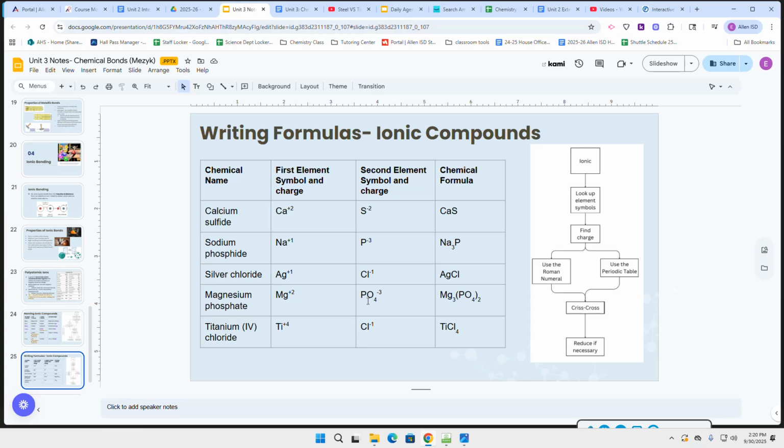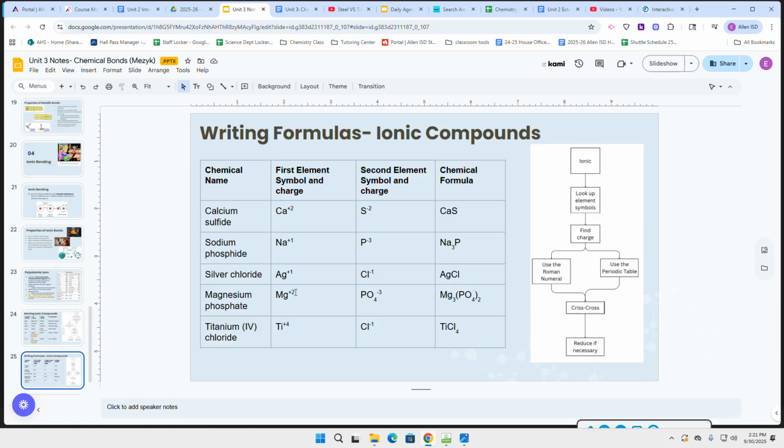Now, when you have your polyatomic ions, I would strongly encourage you to put parentheses around the P and the O so you don't move that 4. Now that I have my formulas and my charges, I'm going to do my crisscross.